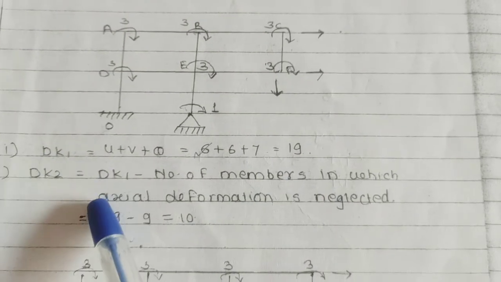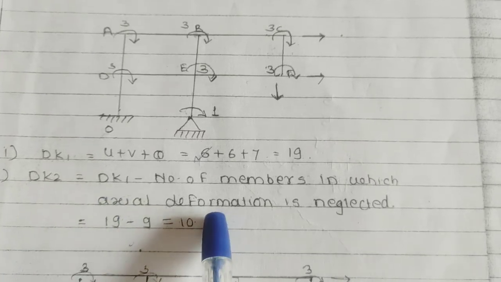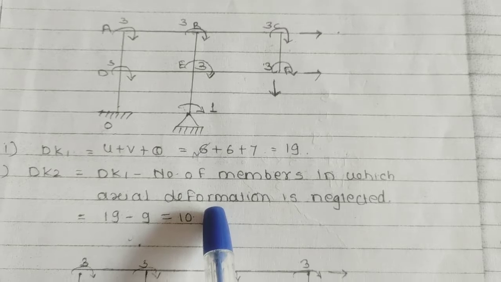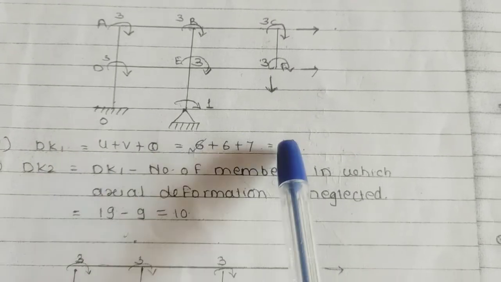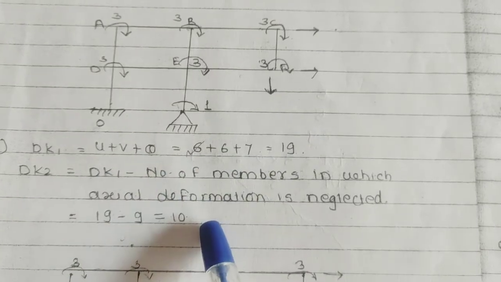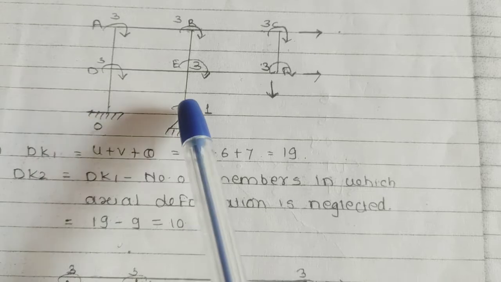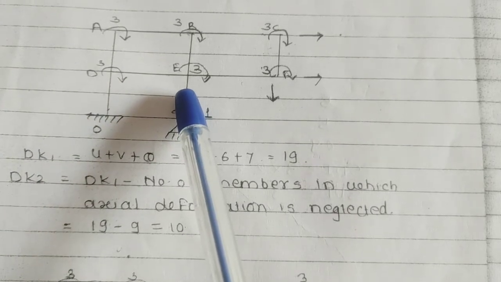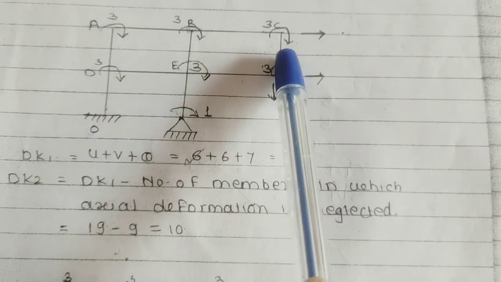Then here DK2, that is nothing but, you have to neglect the axial deformation by counting the number of members, that is DK1 minus number of members. Here DK1 is 19. You have to count the number of members. First count the vertical members, 1, 2, 3, 4, 5.